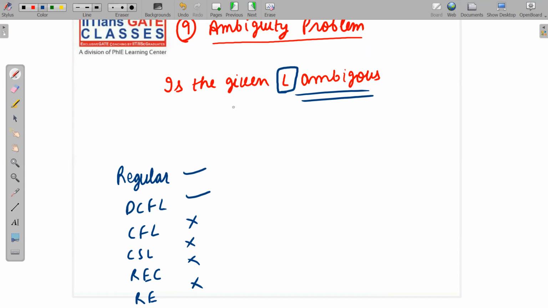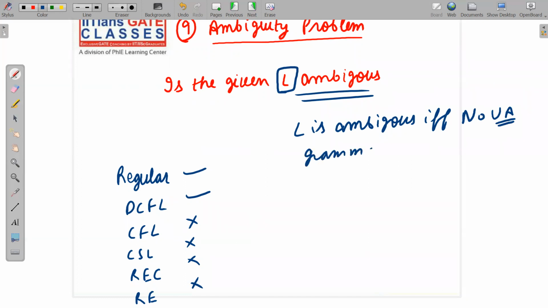So, L is ambiguous if and only if no unambiguous grammar (UA means unambiguous grammar) can generate L. For regular, it will be decidable. For DCFL, it will be decidable. But for the rest, it will be undecidable.